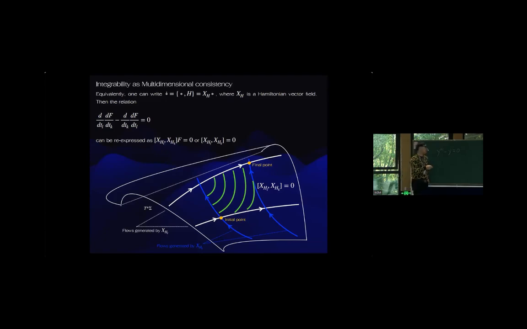It means that if you look at this cotangent bundle and start from this point, it doesn't matter whether you go this way and up, or this way and then to this one; it is going to be the same. It means that you complete your parallelogram in this sense. So, right.